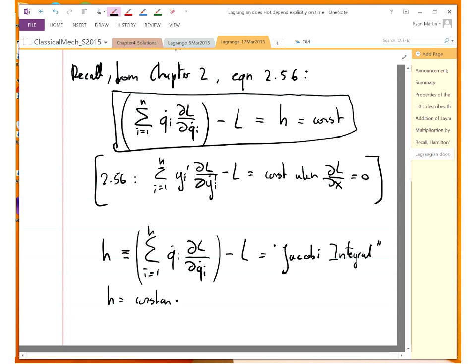It's constant, so h is constant if dL by dt equals 0. You can always calculate this quantity, but it's only constant in the case of dL by dt equals 0. What we'll find is that this constant is very useful. It's related to what we'll later call the Hamiltonian, which we'll label with a capital H. The Hamiltonian is a little bit different, but it's basically the same. It looks obscure and annoying to calculate.